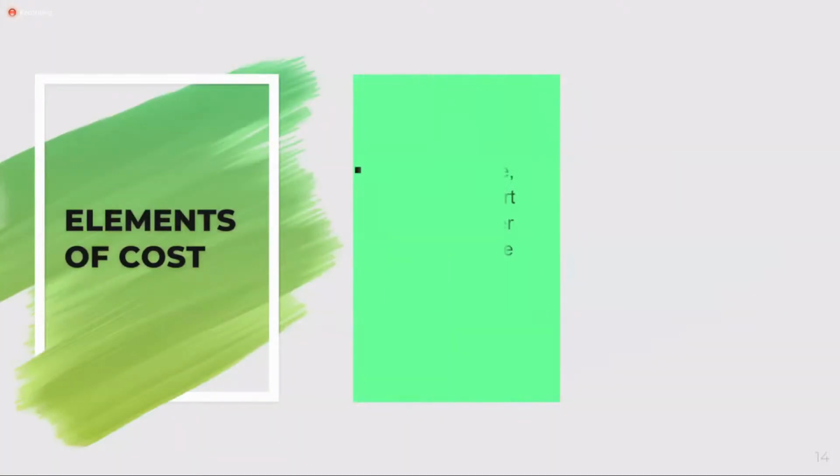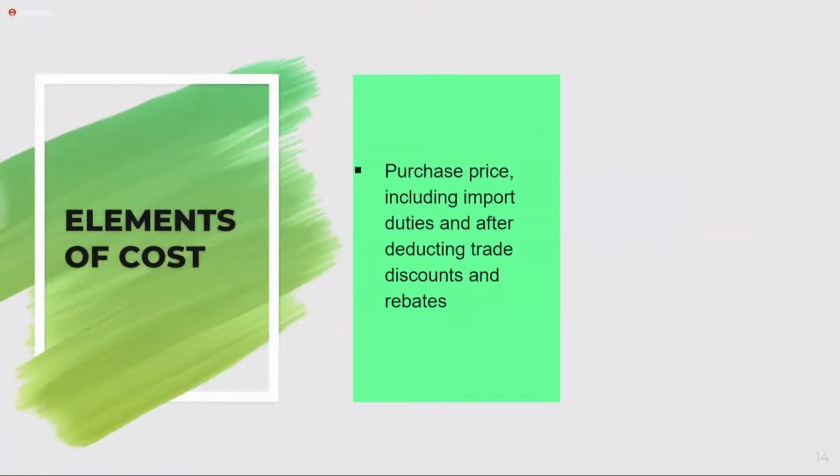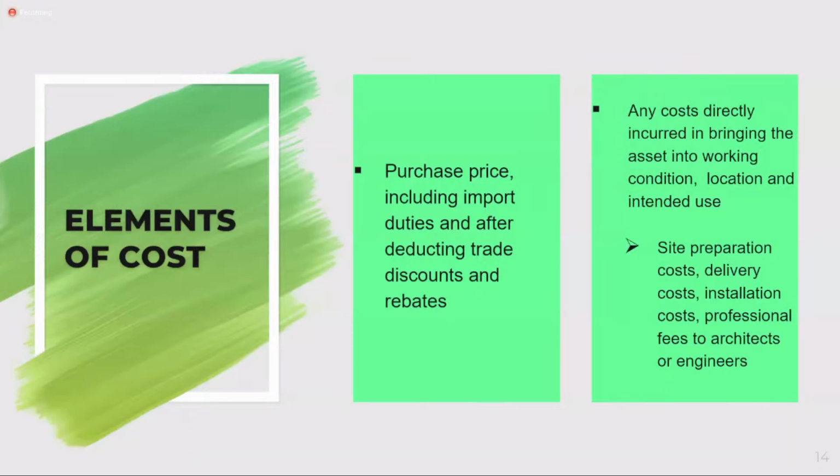So element of cost, purchase price including import duties and after deducting trade discount and rebate. So purchase price kena tolak discount. Kalau diberi discount kena tolak, tidak boleh dimasukkan. Okay, and then you have any cost directly incurred bringing the asset into working condition, location, and intended use. For example, site preparation cost, delivery cost, installation cost, professional fees to architect or engineers, and ada banyak lagi.